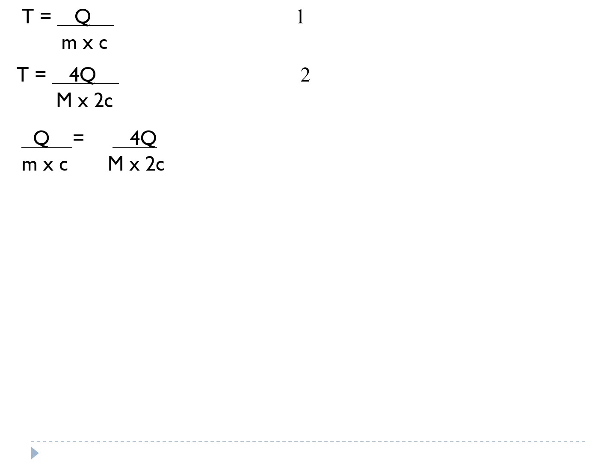So on the left we have cancelled Q and the C, and on the right again Q and C. So we will rewrite this after cancellation. So on the left hand side, now we have only M in the denominator, and on the right hand side we have 4 upon M into 2. Now this 4 and 2 we can divide them. After division we will get 2 upon M.